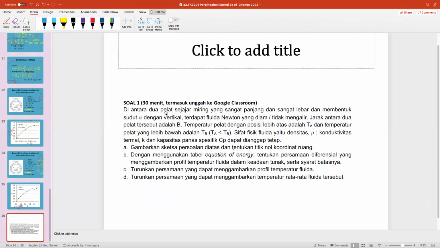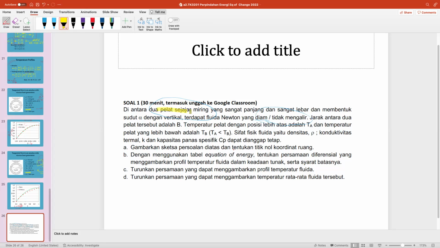We have an inclined plate, plat sejajar miring. And then we have a Newtonian fluid which is stationary, diam, tidak mengalir. So this is also one of the clues.